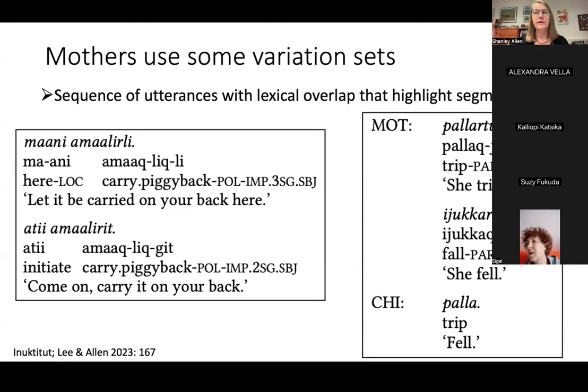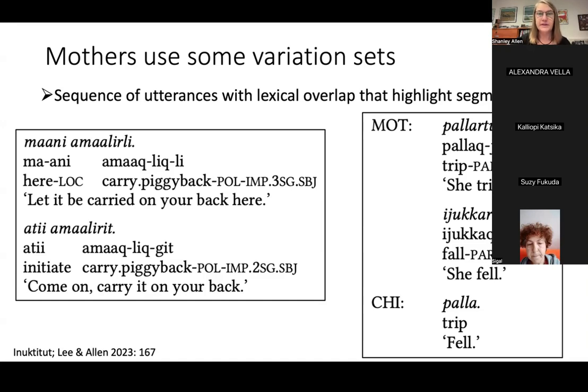The part that's different typically highlights a different word or a different morpheme, and the idea is that adults use it to help children segment the word or the morpheme.